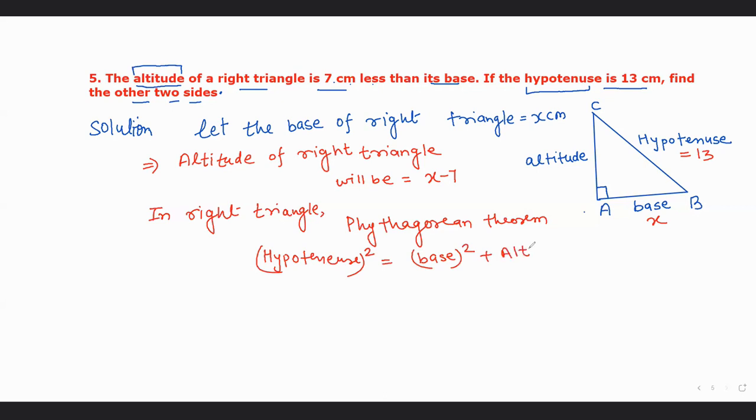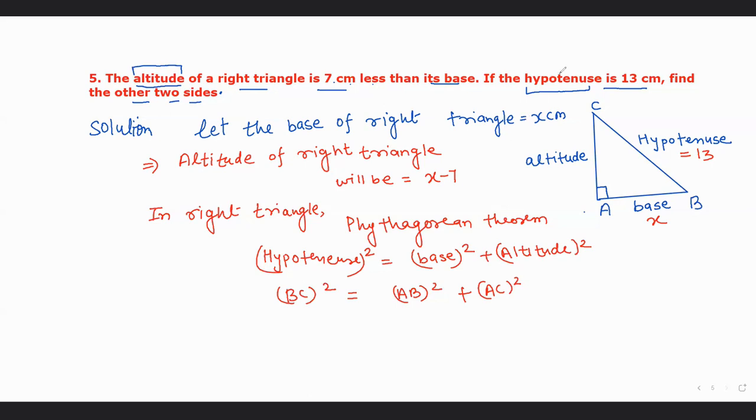That is, in this question BC square equals base square, that is AB square, this is our base, plus altitude square, this is our altitude, that is AC square.